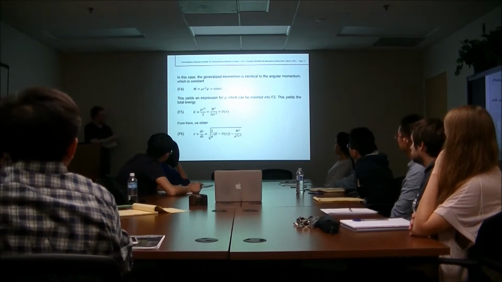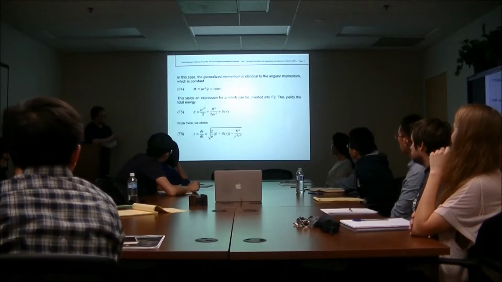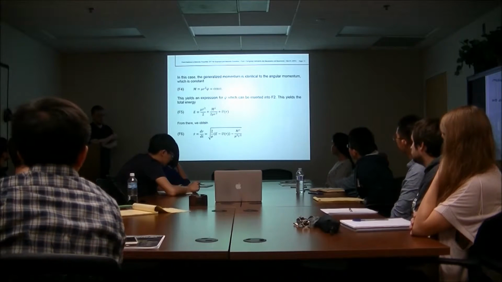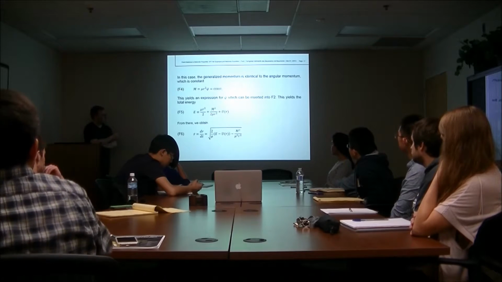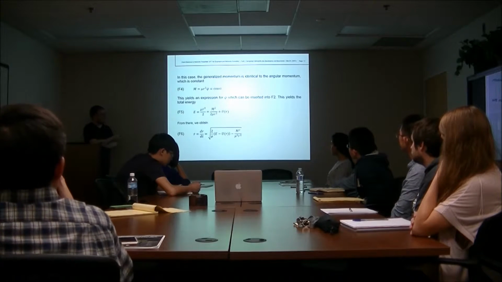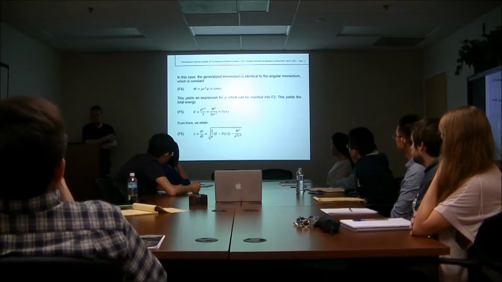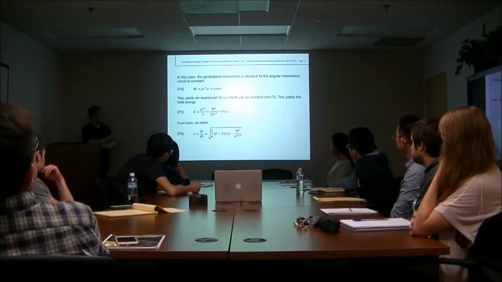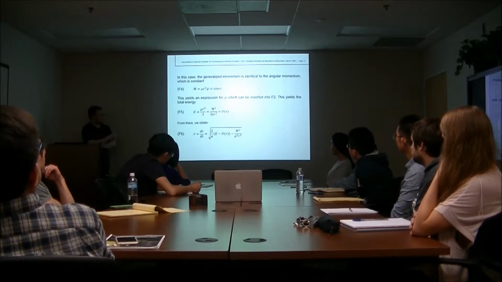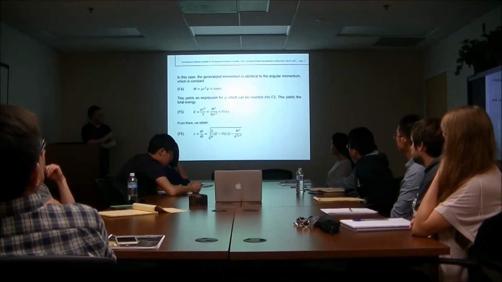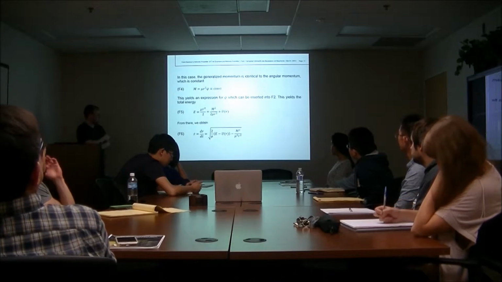It has nothing to do with velocities here. This is a static part, and as it is static, it is part of the potential. So we have kinetic energy and some kind of effective potential.